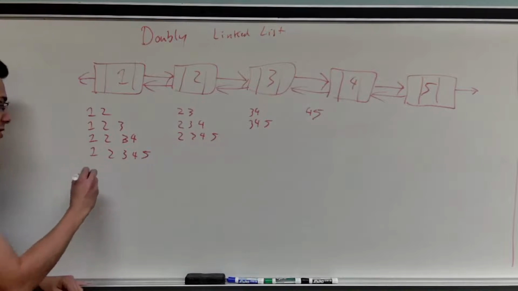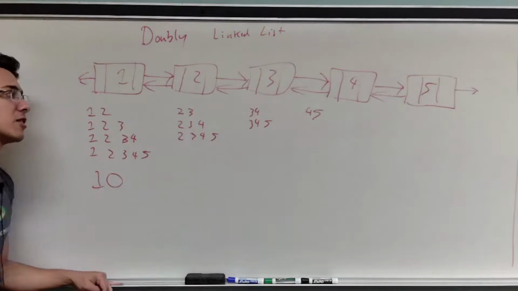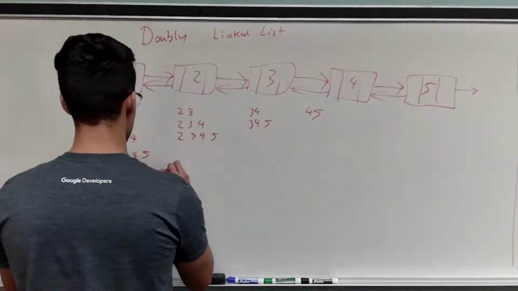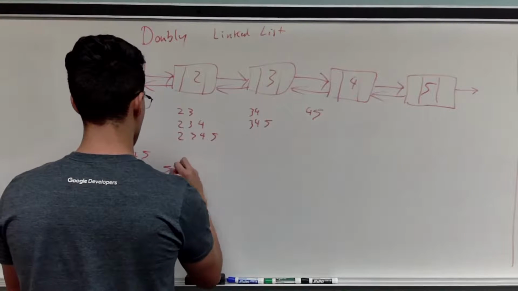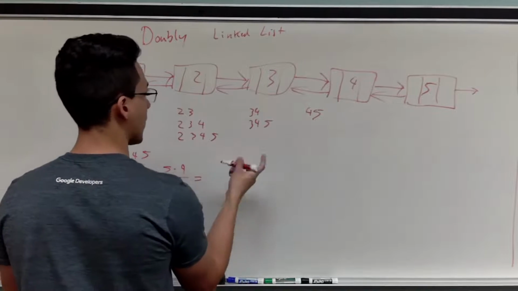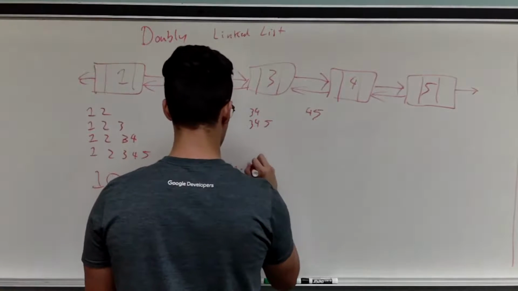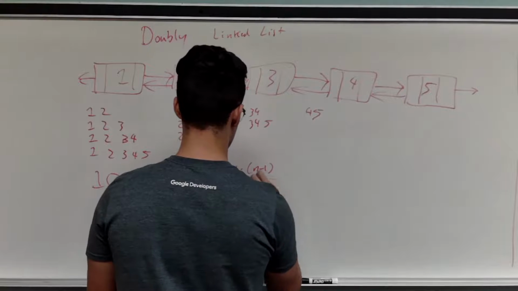So the number is 10. What's the math? This is the sum from 1 to n minus 1: 1 plus 2 plus 3. Do you agree with me? I'm agreeing with you. Oh, okay, I thought you were disagreeing. So that equals 5 times 4 divided by 2, and n equals 5. So it's equal to n times n minus 1 divided by 2.